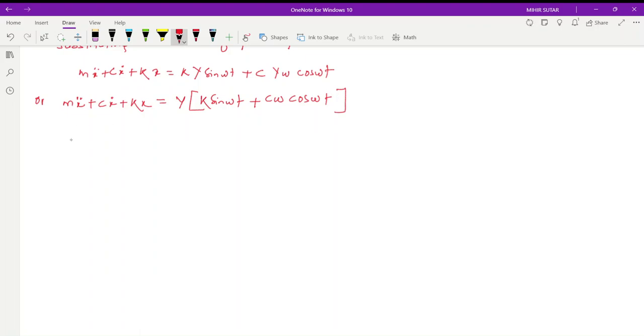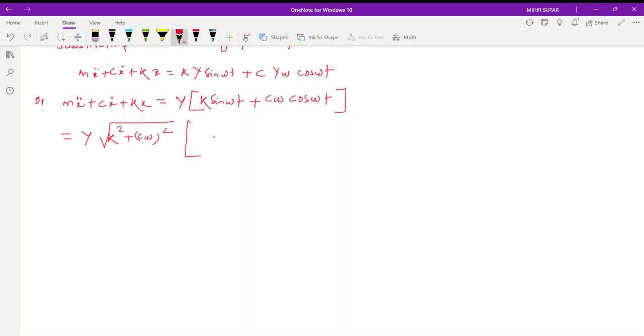Or we can write this as Y root over k squared plus (c omega) squared, taking a term outside.